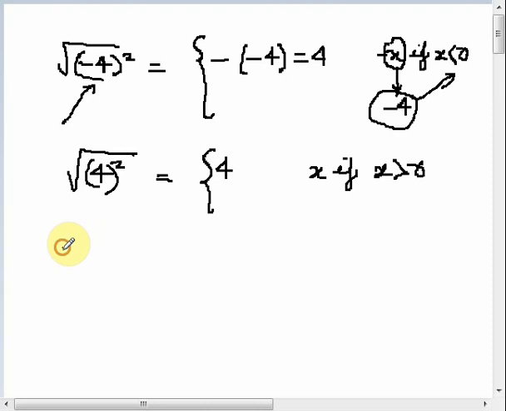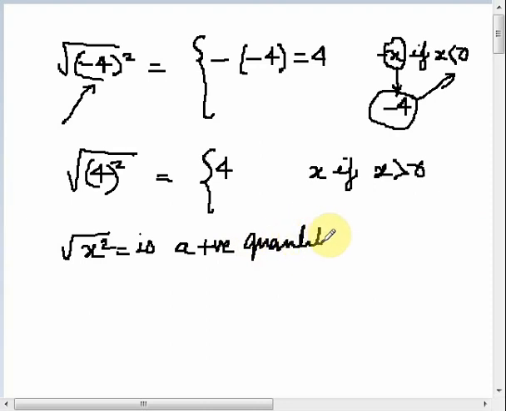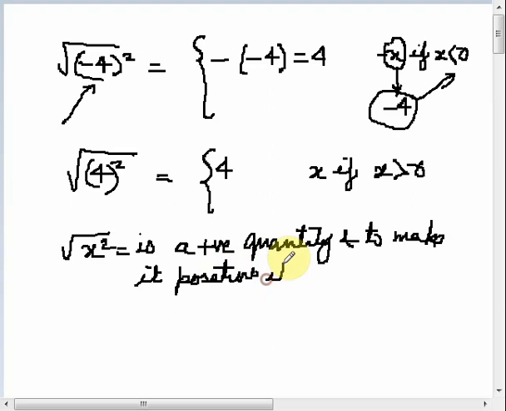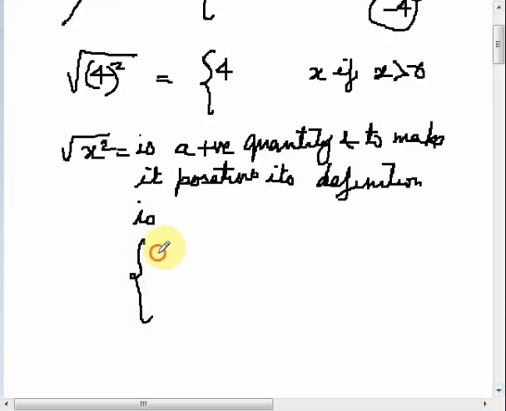Again I repeat, root x square is a positive quantity, and to make it positive, its definition is equal to x if x is greater than or equal to 0, and equal to minus x if x is less than 0.